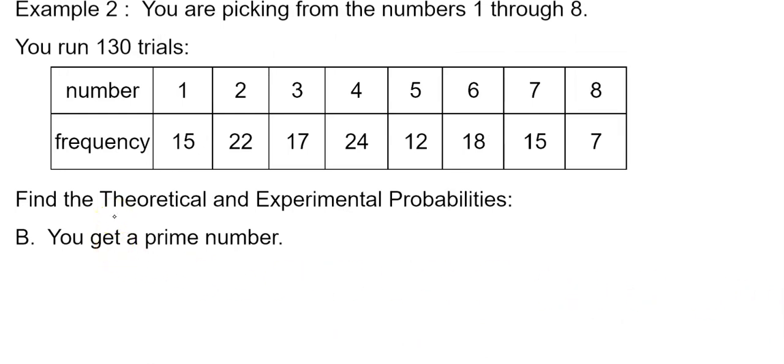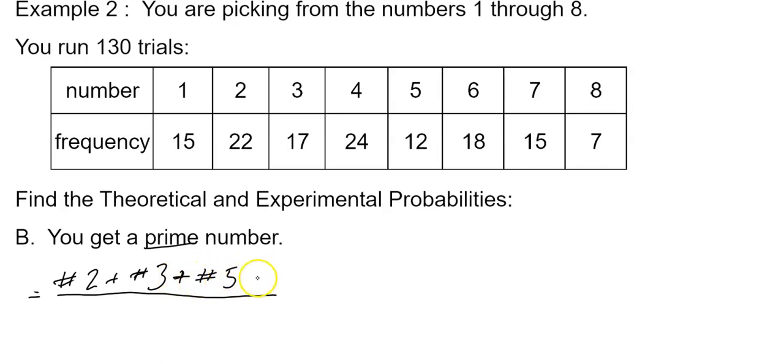All right, what's the probability that we get a prime number? Now, we've got to watch out for words like this. Primes are numbers that only divide by themselves and 1. Nice math word. So the probability I get a prime is going to be the number of 2s plus the number of 3s plus the number of 5s, these are my primes, plus the number of 7s over the number of trials. 2, 3, 5, and 7 are my primes. 1 is not prime.